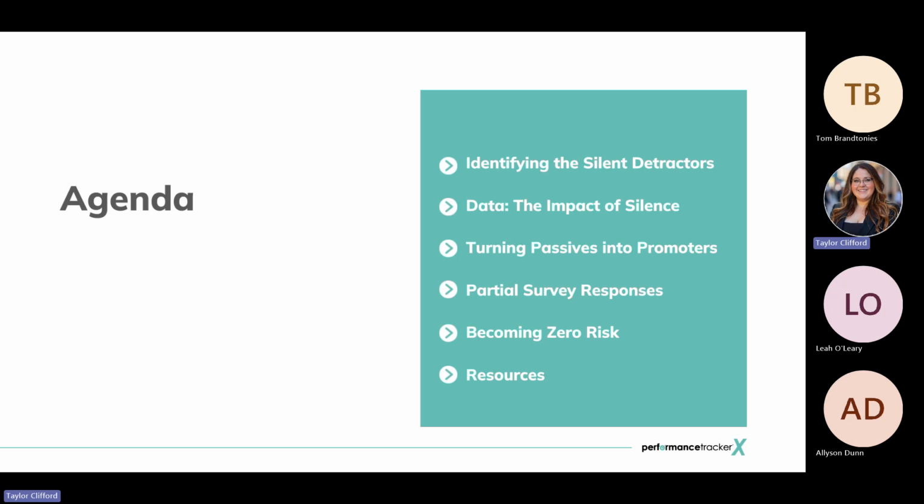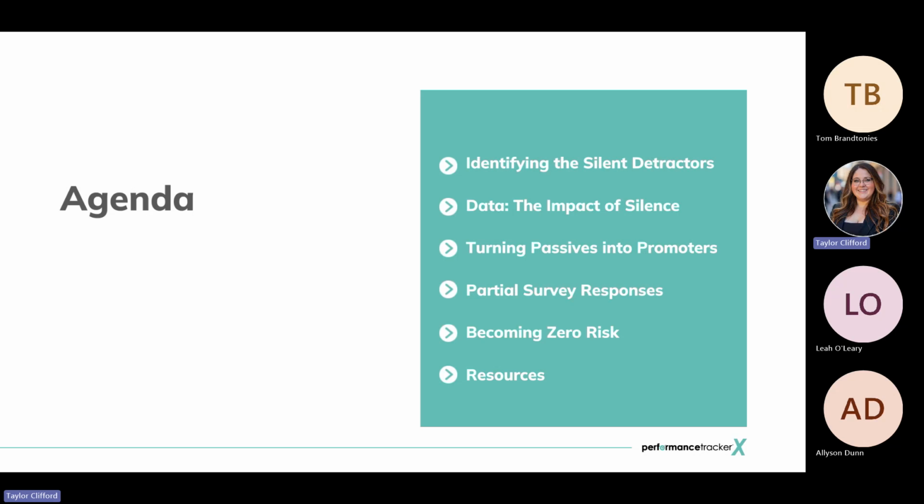Turning passives into promoters: every mid-scoring opportunity, so that would be a 7 or 8 on the net promoter scale, has the chance and the ability to become a promoter score in the future, whether that be changing the family's perspective of the experience that they had, or really empathizing with them. I'll go over some tips on how you can turn the passive score into a promoter.